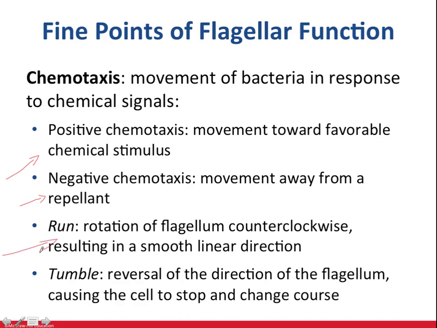For the run, once the bacteria detect substance concentration gradients, they can use these gradients as the direction, so they can move in a linear direction. However, if the bacteria don't recognize or find a strong chemical substance gradient, the bacteria will tumble.